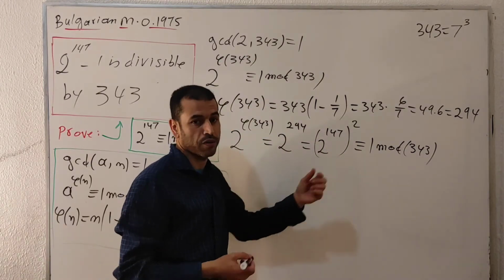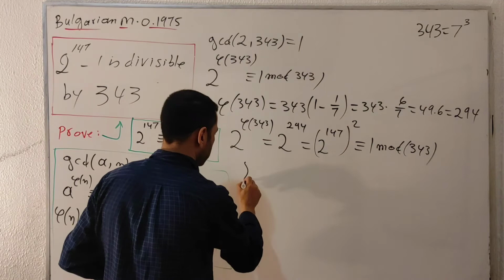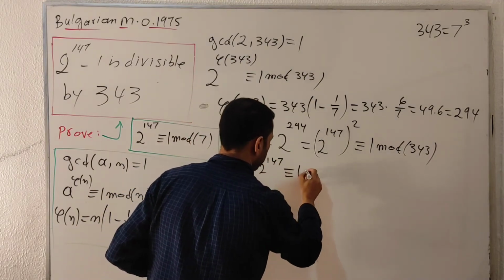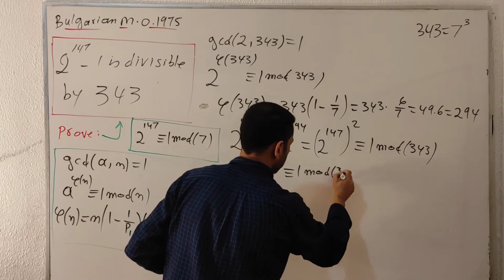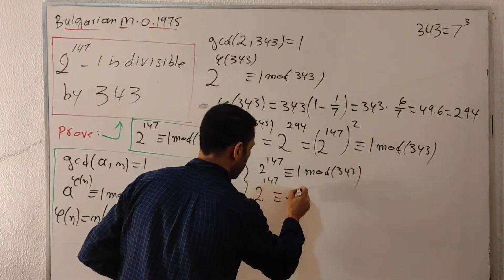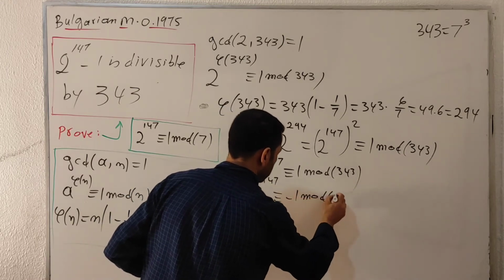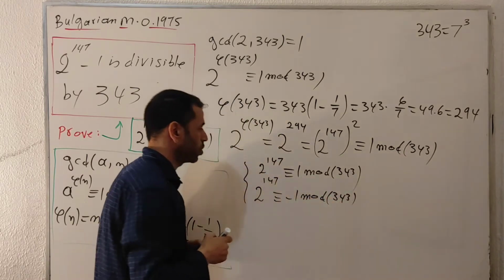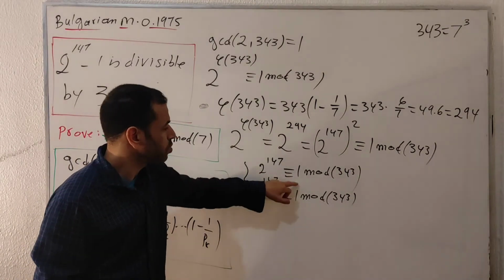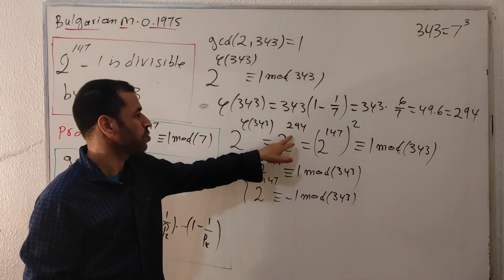Now here is the problem. We have two cases: 2^147 is congruent to 1 mod 343, or 2^147 is congruent to minus 1 mod 343, because after squaring, both statements take us back to the same original one.